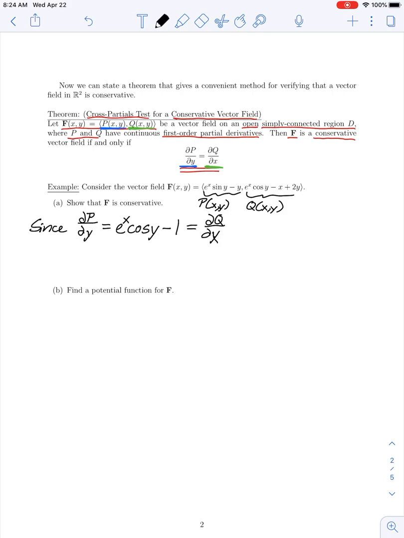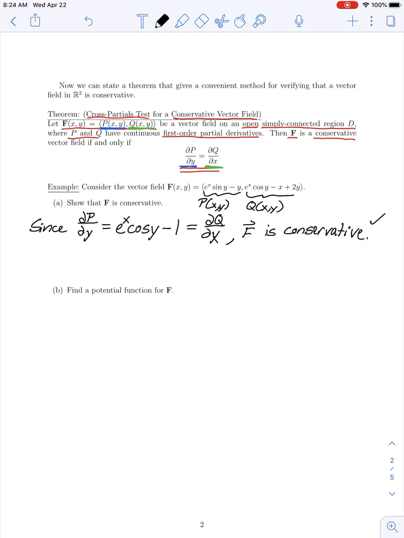So since the partial derivative of p with respect to y is equal to the partial derivative of q with respect to x, we know that this vector field f is conservative. So that's what we wanted to show in part A.